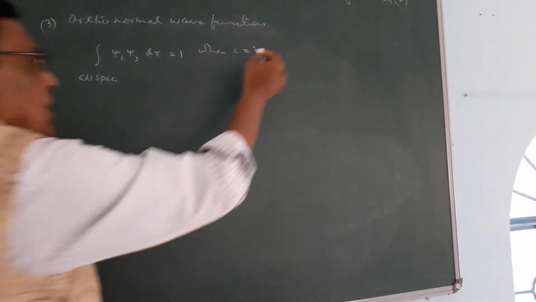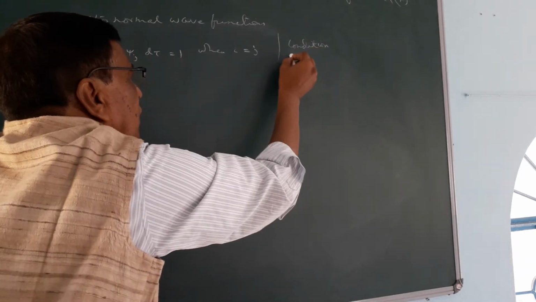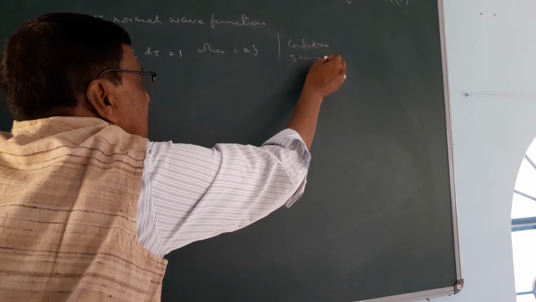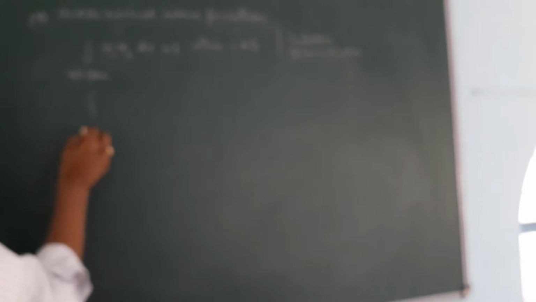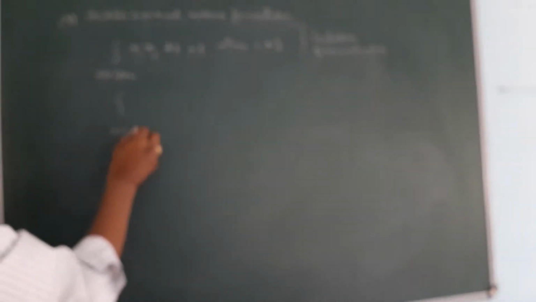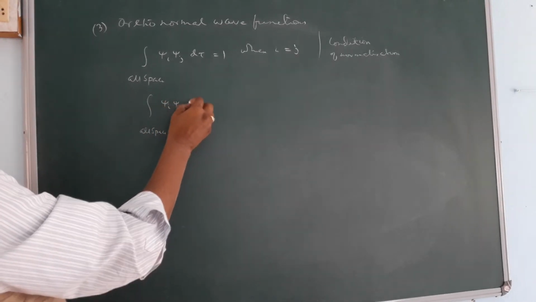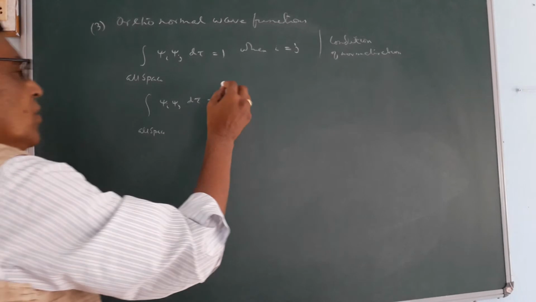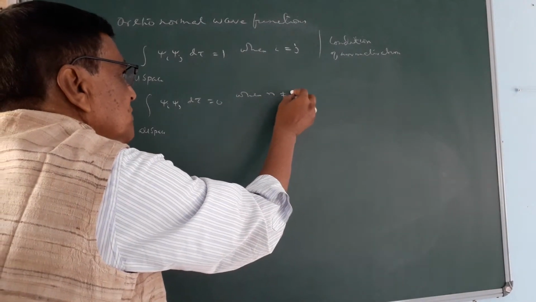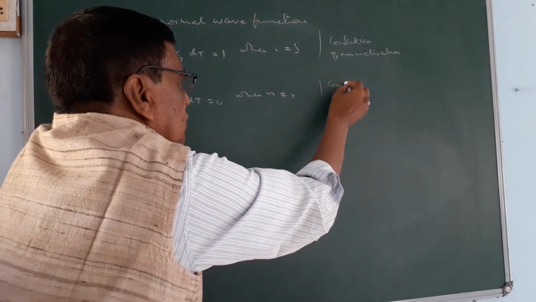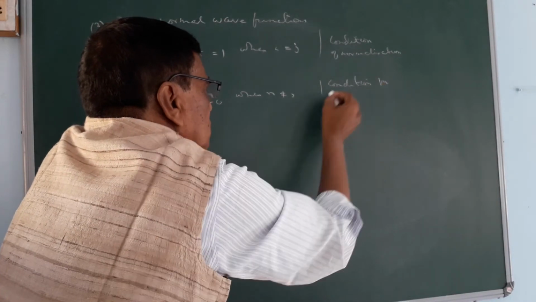This is the condition of normalization. And the second one: the integral of psi i psi j d tau equals 0 when i is not equal to j, and this is the condition for orthogonality.